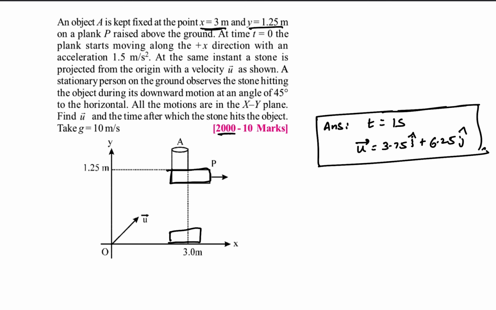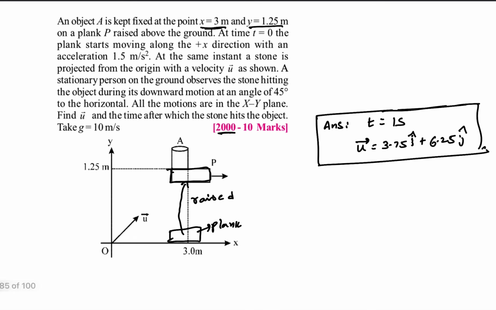Initially this plank is here, and that plank is raised from the ground to the top level, so that this plank is supporting the object A. A is like a box, you can see. Now, the plank starts moving along positive x direction with an acceleration of 1.5 meter per second square.